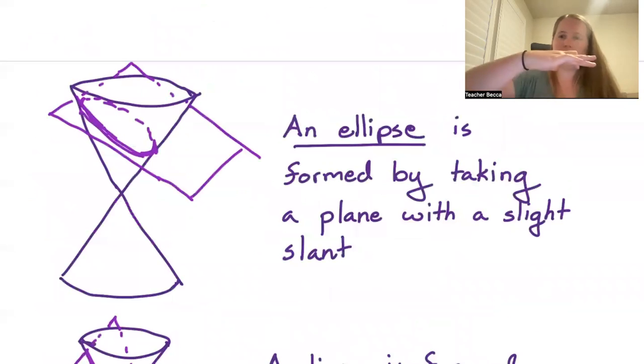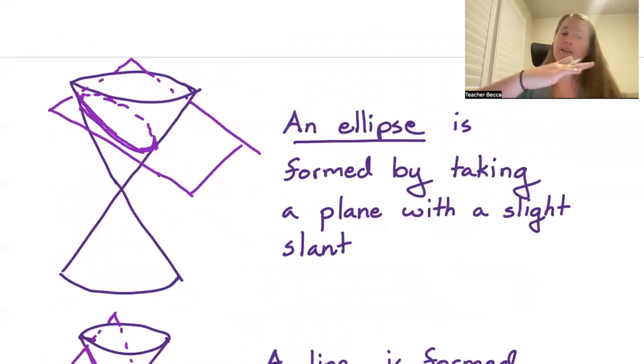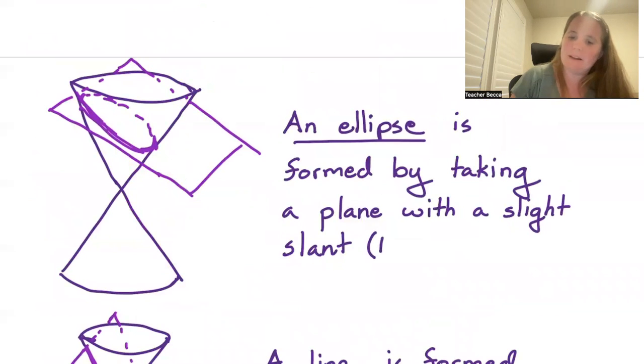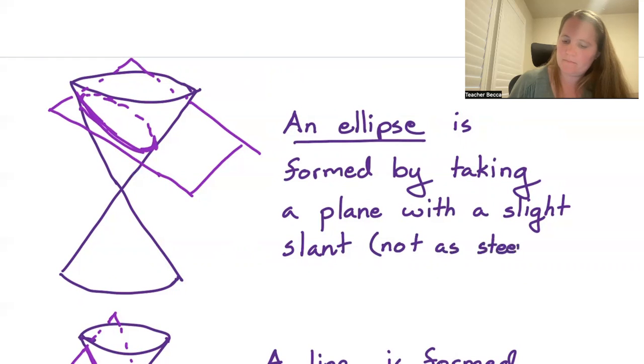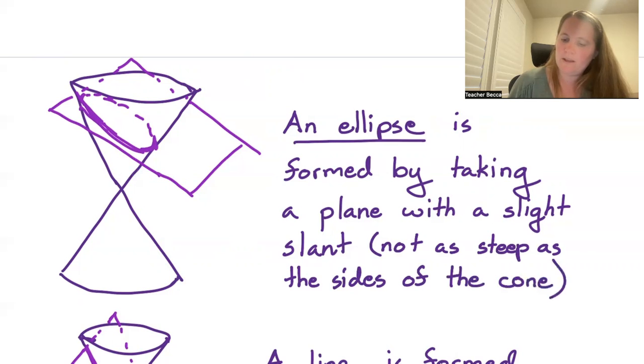If we take our horizontal plane and give it a slight slant, by slight slant I mean not as steep as the side of the cone, then we get an ellipse. It goes all the way across to the other side of the cone.